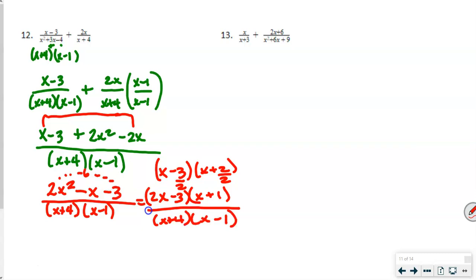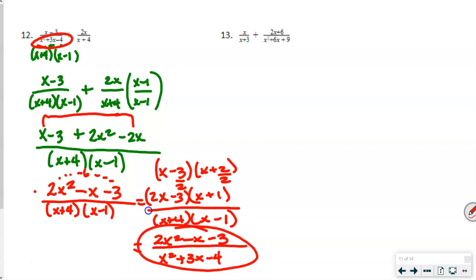Well, I don't see anything repeated there. So I'm just going to rewrite this again in the numerator because it was already done. So that's 2x squared minus x minus 3 over, and then we can multiply this out. So notice it was up here already. So we can rewrite it like that too: x squared plus 3x minus 4. So that was our answer.